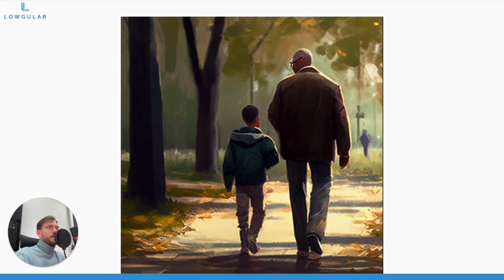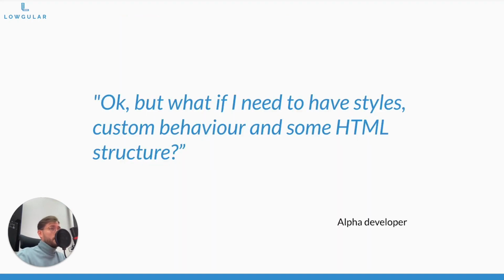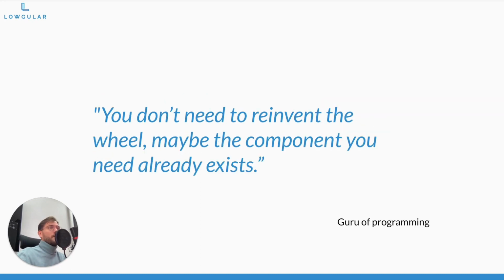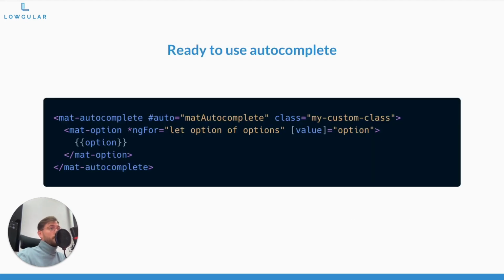Okay, but our developer is still trying to find other cases. What if I need some reusable structure with behavior and styles? Now, maybe it's better to check if the component you are looking for already exists, for example in Angular Material or Bootstrap.